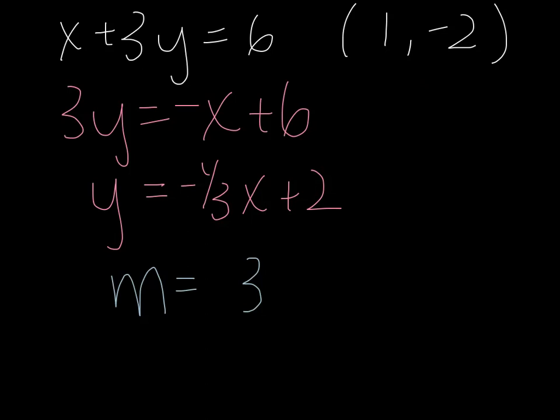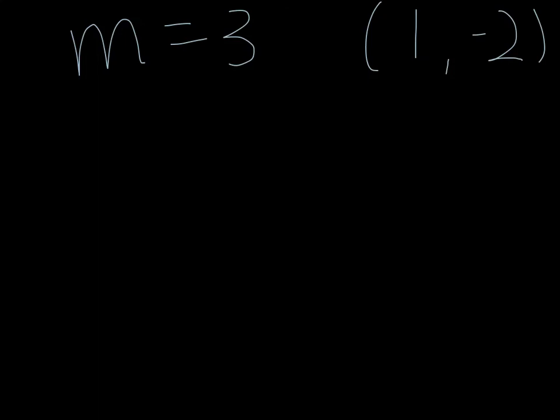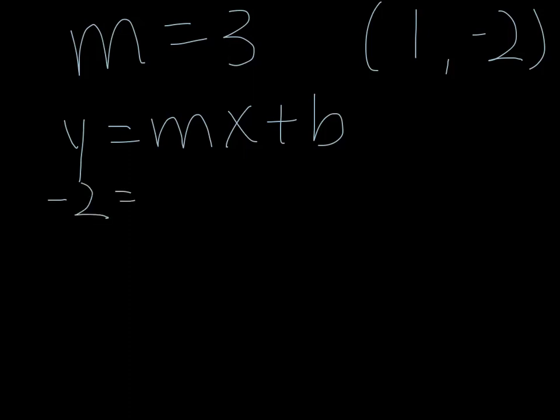So now we take the slope and that point, so m equals 3 and 1, negative 2, and we put it into slope-intercept form. And so it would be negative 2 equals 3 times 1 plus b.